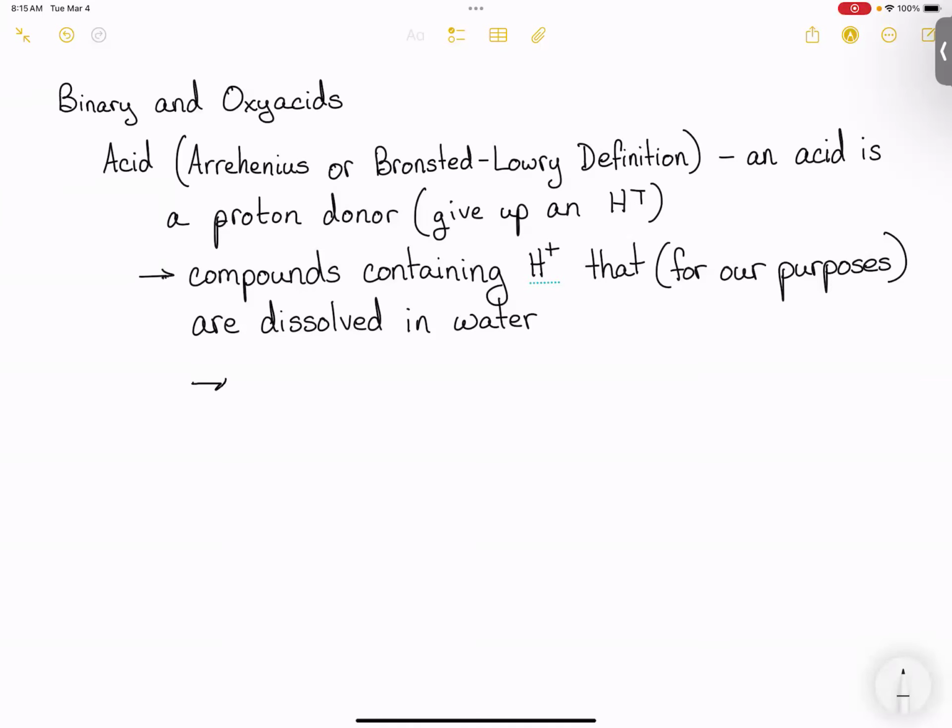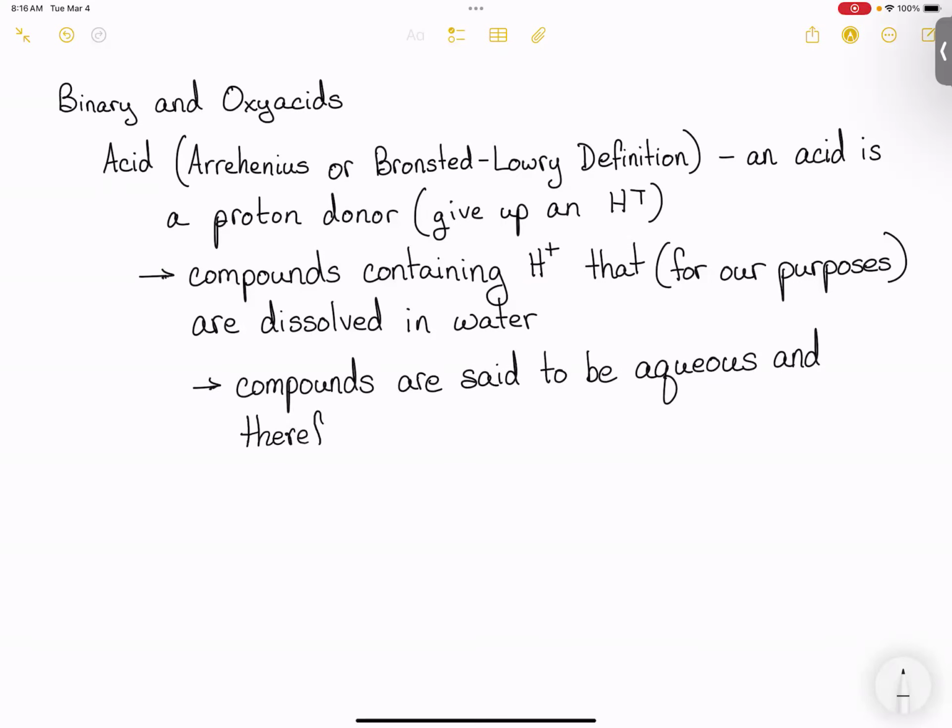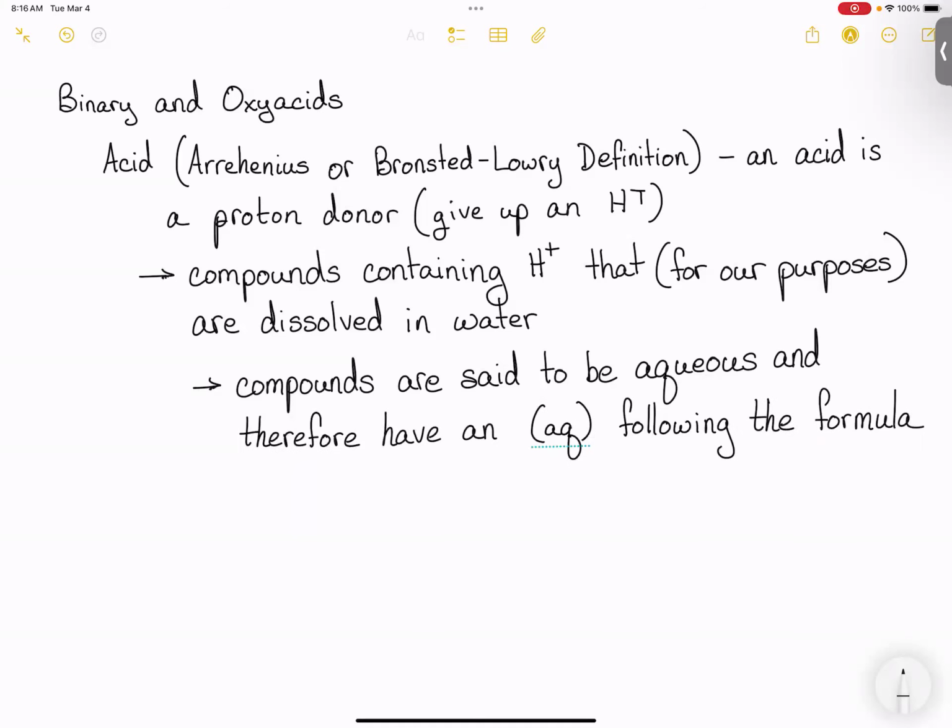Because of this, compounds are said to be aqueous, and therefore have an AQ following the formula. Okay, so let me give a couple of examples of what I mean by all of this.